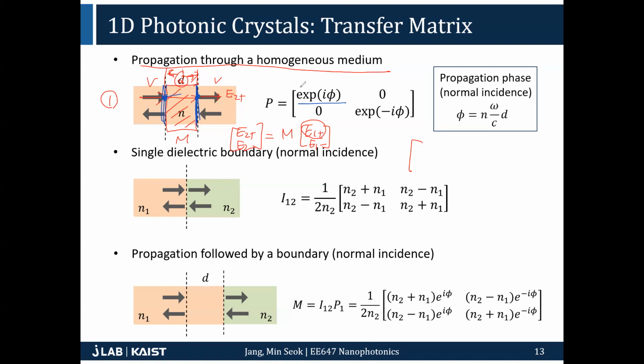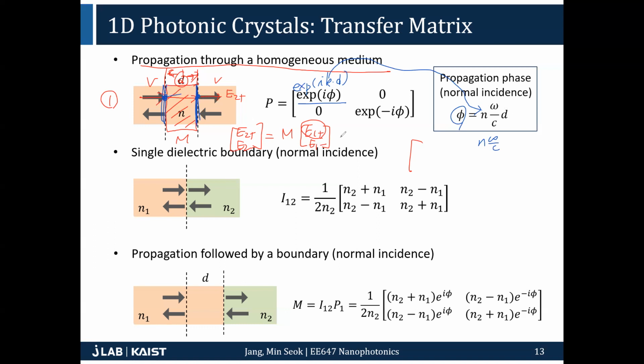So exponential e to the i k d is the phase advance. And in this case, k is n omega divided by c. So phi is equal to n omega d divided by c, right?